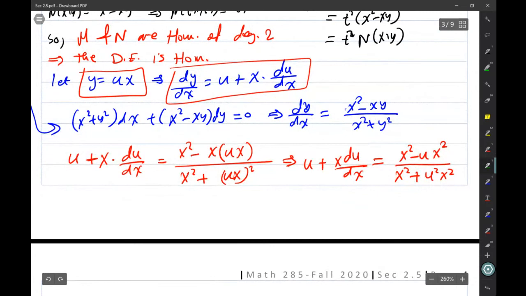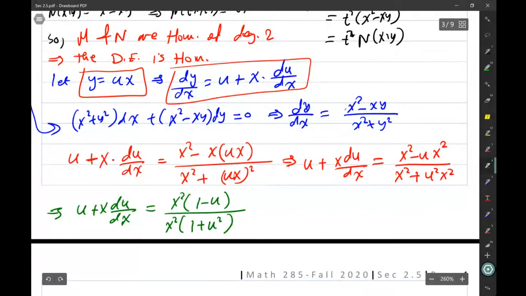You will notice here we have x square in numerator and denominator, so you can take them as a common factor. That implies that u plus x du by dx is equal x square times 1 minus u, over x square times 1 plus u square. Now x square will cancel x square, so the differential equation becomes u plus x times du over dx is equal 1 minus u over 1 plus u square.